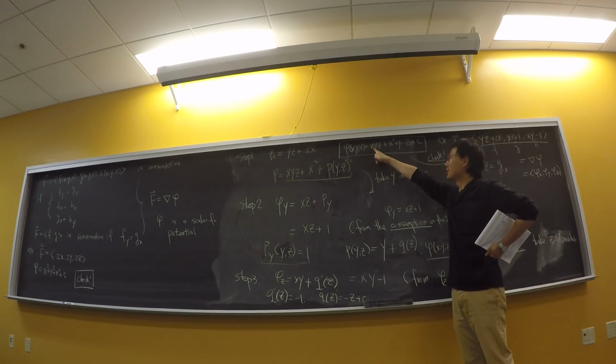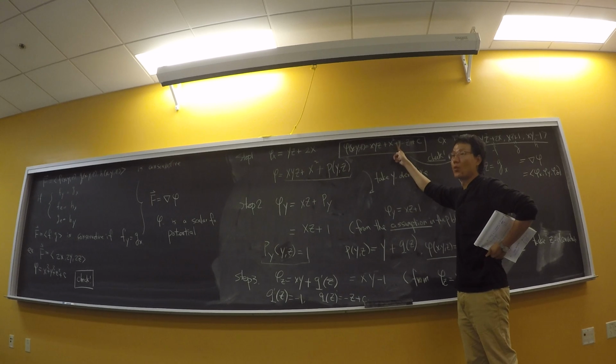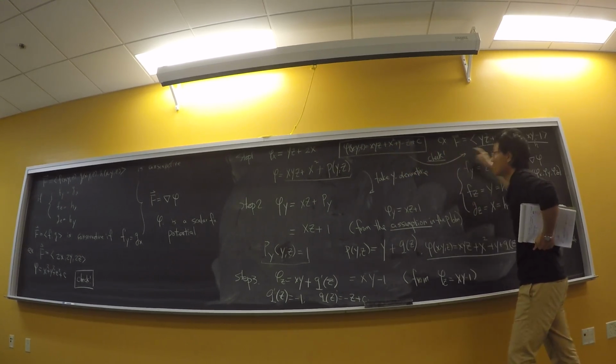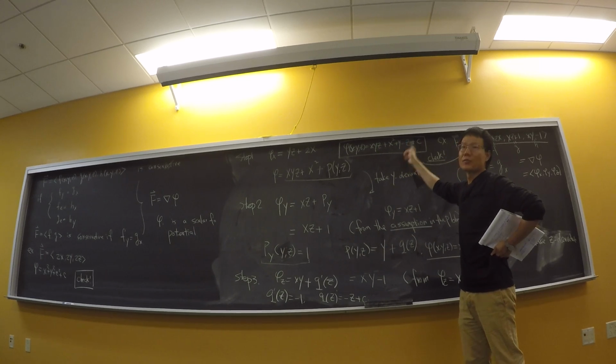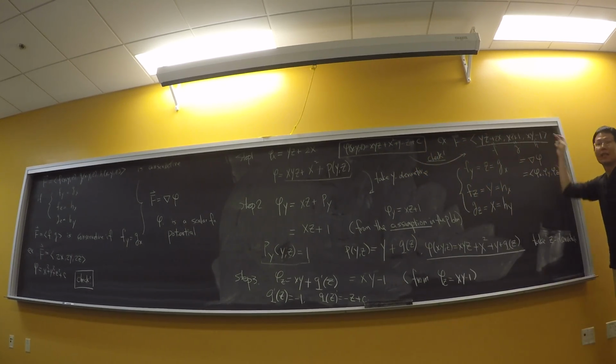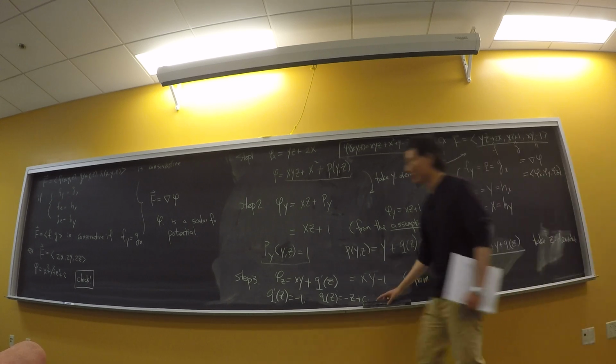Y derivative is xz plus 1. This is also checked out. Z derivative is xy minus 1. So this is also checked out. So always check your potential function. Always check your potential function. Okay? Important things, I say it 2 times.